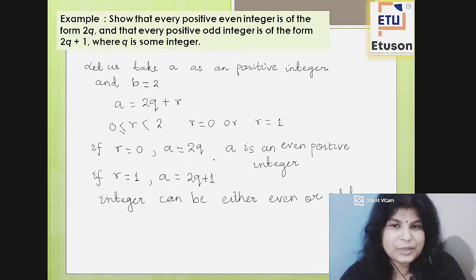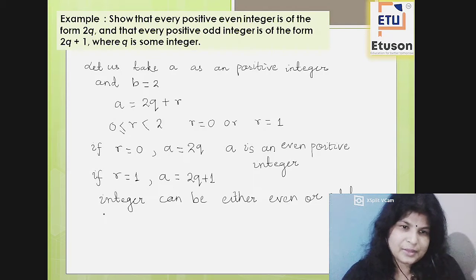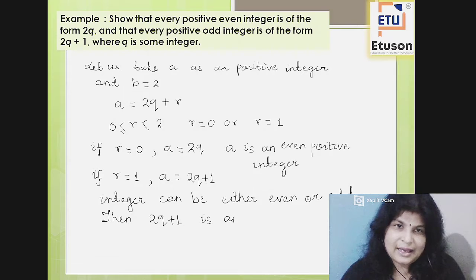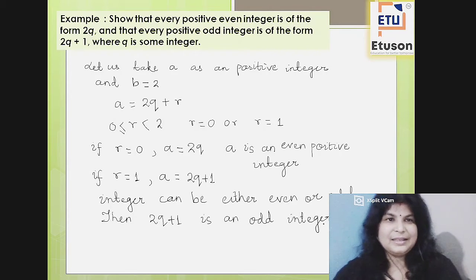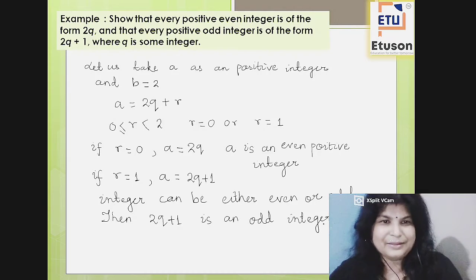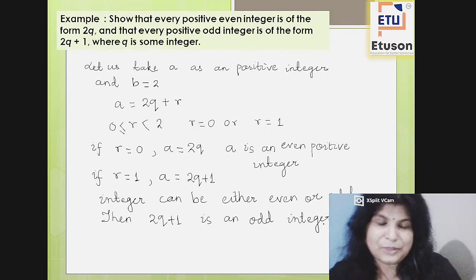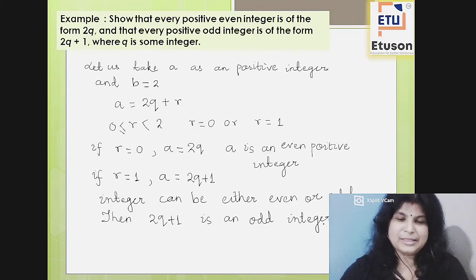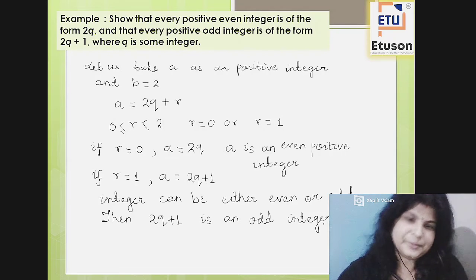If 2q is an even integer, then definitely 2q plus 1 is an odd integer. Correct or not? Yes. It was very simple, right? Just by using the Euclid's division lemma concept, you could prove it.